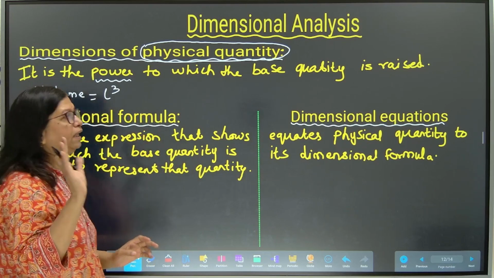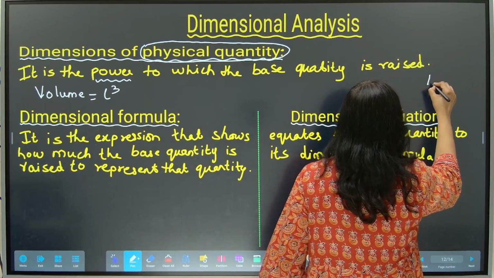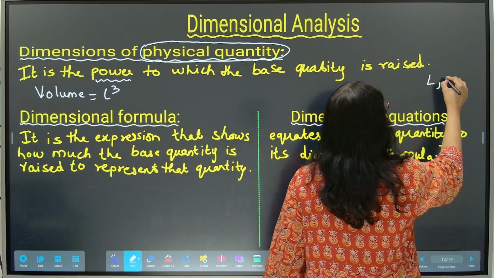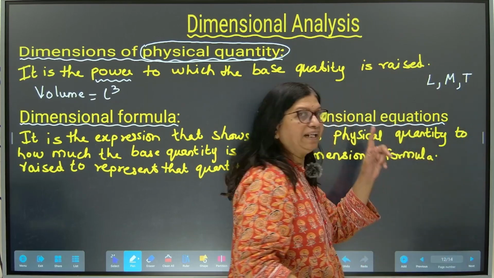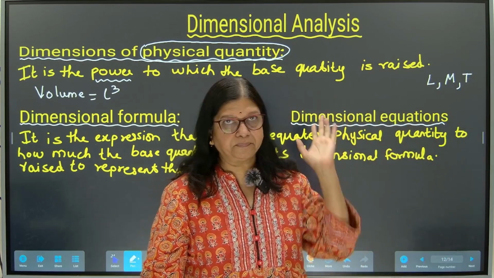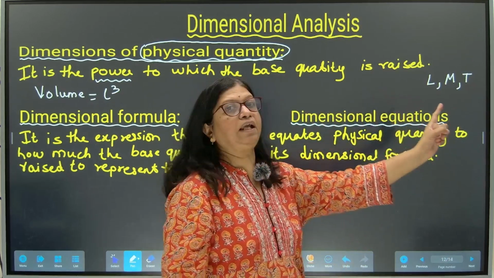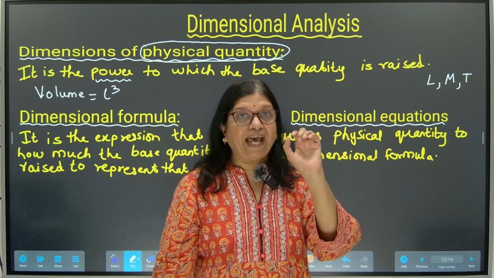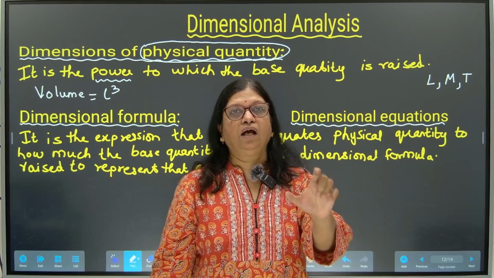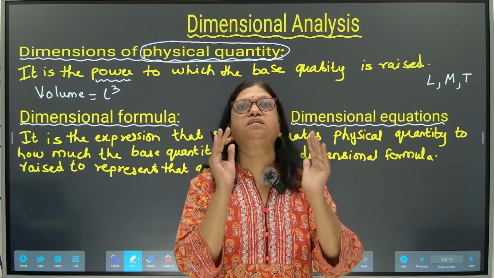L. Normally, any physical quantity is written as the power of three base quantities, that is length, mass and time. And it is always written in capital letters for dimensions. And the dimensions and the base quantity are always written within a square bracket.